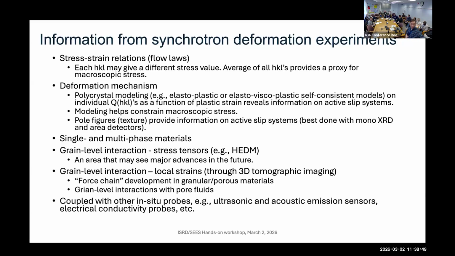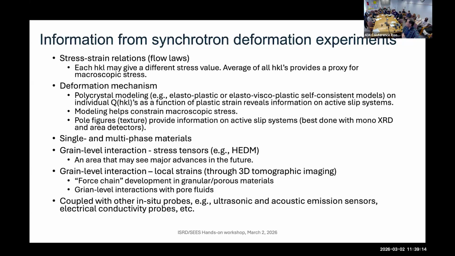Since the differential stress we directly measure is dependent on the HKL, you want to get a bulk average stress, and that requires some modeling, which we use either elastoplastic, or these days we do elasto-viscoplastic self-consistent modeling.